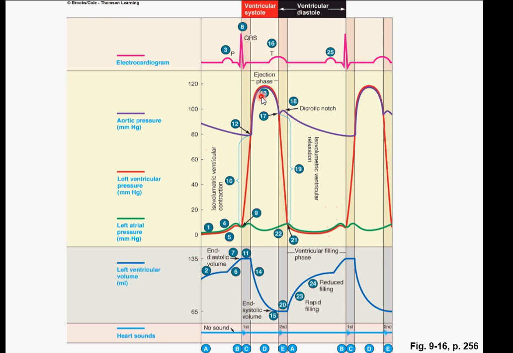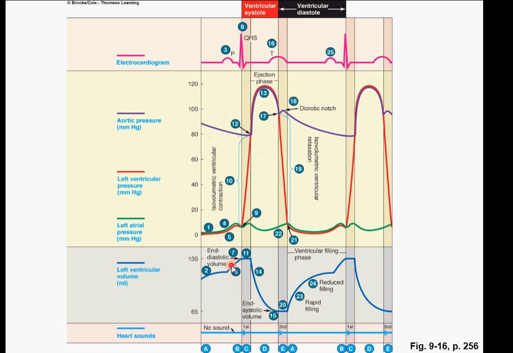At first, we have to orient ourselves to what we are looking for. Actually, we are looking at pressure, time and volume: the pressure in the left ventricle, the left atrium and the aorta, and the volume of blood in the left ventricle.